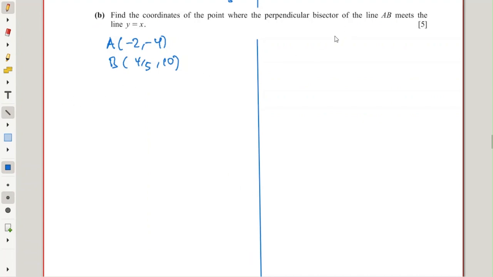So for the perpendicular bisector, I need two things. I need the gradient of AB to help me to find the perpendicular bisector.